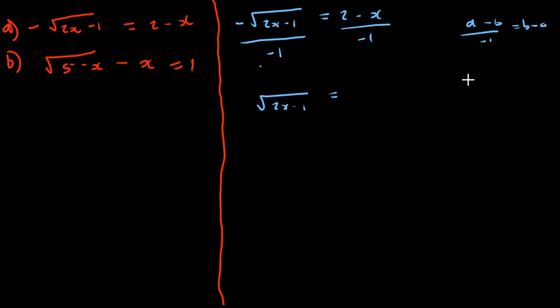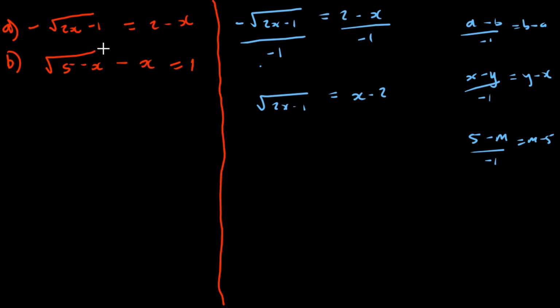If I am dividing x minus y by -1, the answer becomes y minus x. If I'm dividing 5 minus m by -1, the answer becomes m minus 5, right? So here, when we divided, we just get x minus 2.